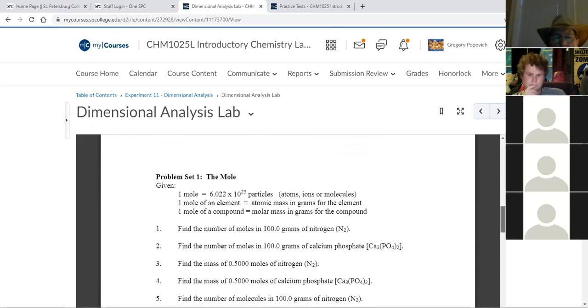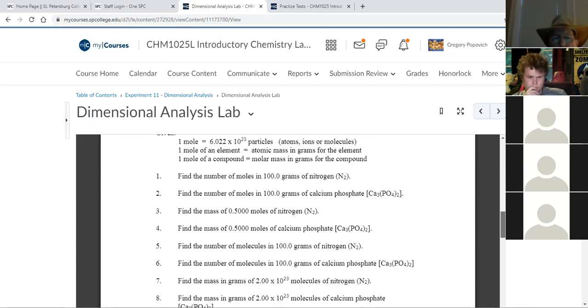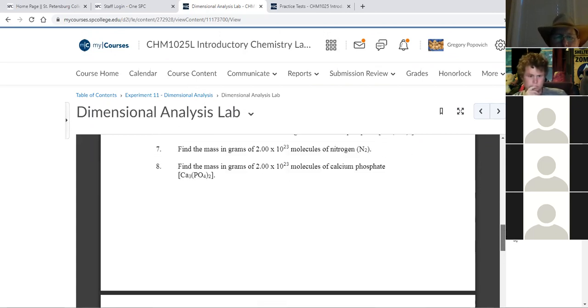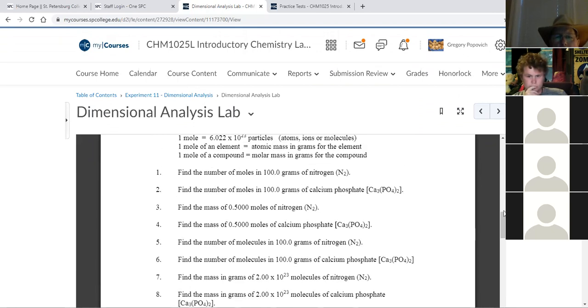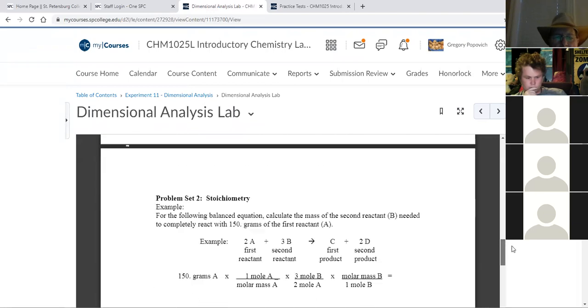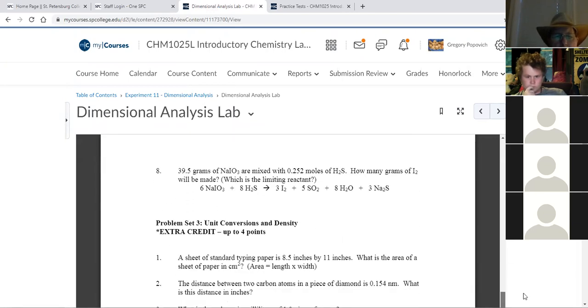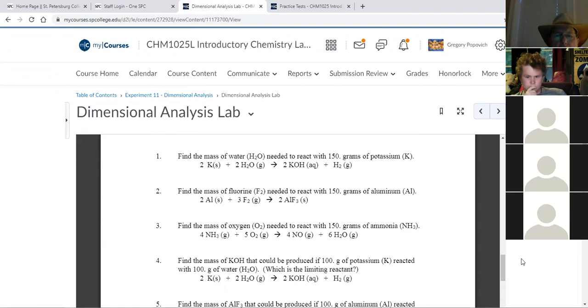Again, what happens is the first problem set, the first 8 problems are nothing more than converting grams to moles, moles to grams, grams to molecules, molecules to grams, and moles to molecules, molecules to moles. That's what you're doing in the first 8 problems. The second 8 problems, you are doing stoichiometry.